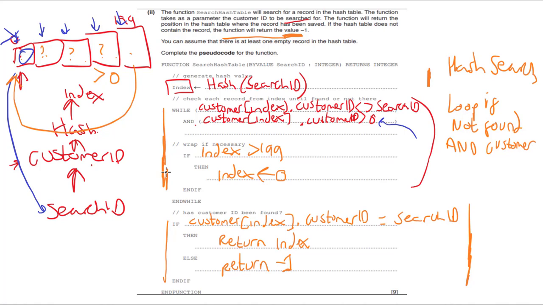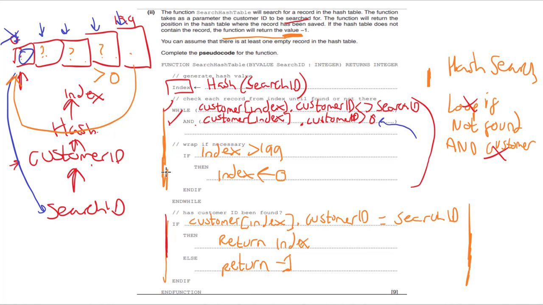It's going to stop if one of these conditions is met, i.e. we either find the item or it's equal to 0. Then it'll stop.